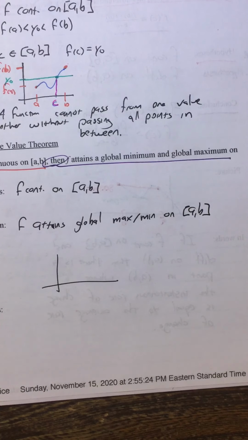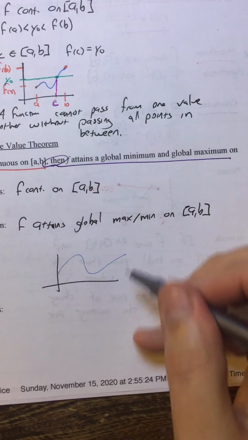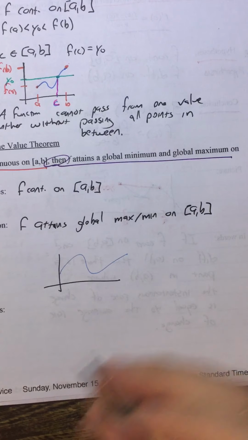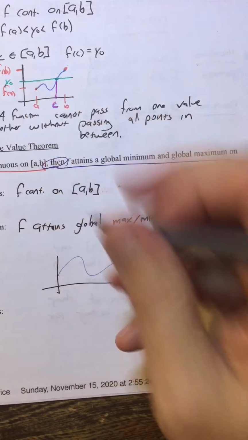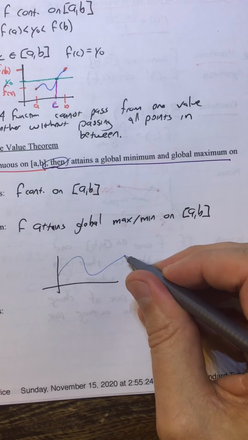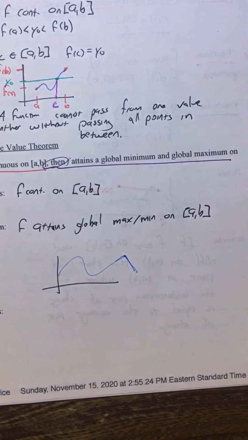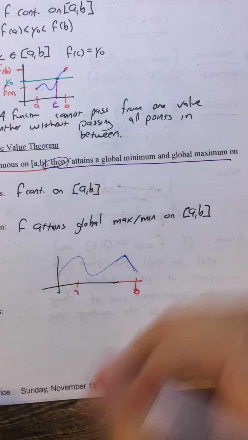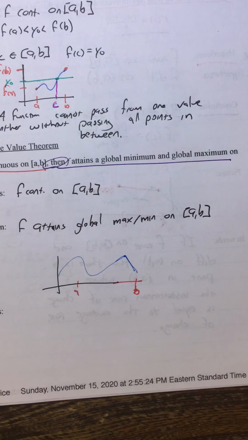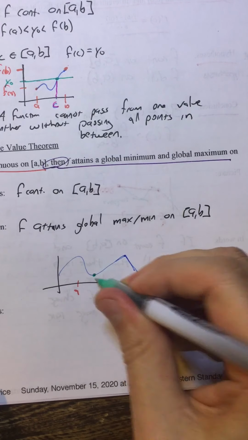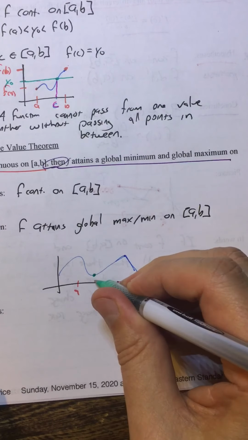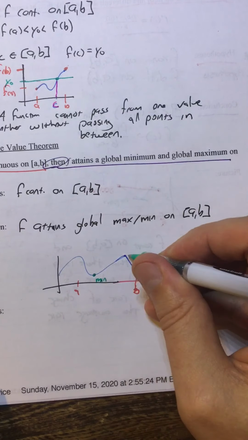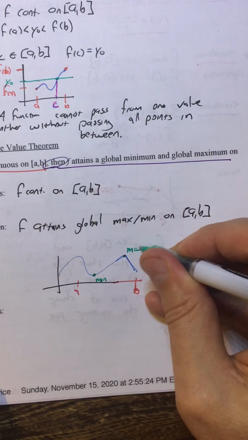So the picture: let's draw the function first. It does whatever, who knows what it does. By the way, this one doesn't require differentiability, so let's throw a non-differentiable point in there just for kicks. Then we can have a wherever and b wherever. Then there have to be maxes and mins, no matter how I drew it. Here's what looks like the global min, and here's the global max.